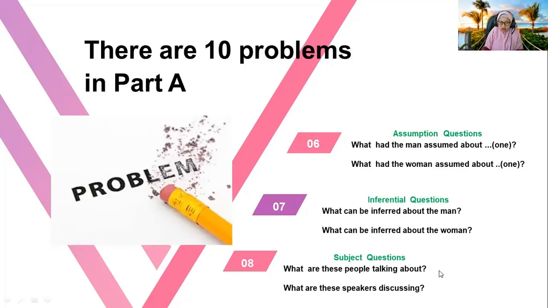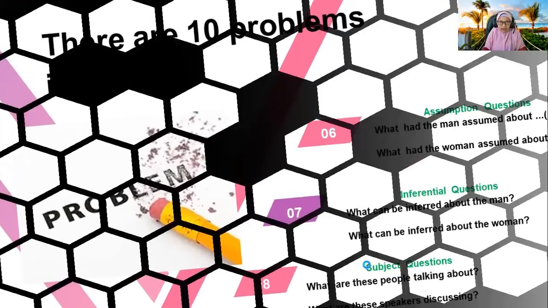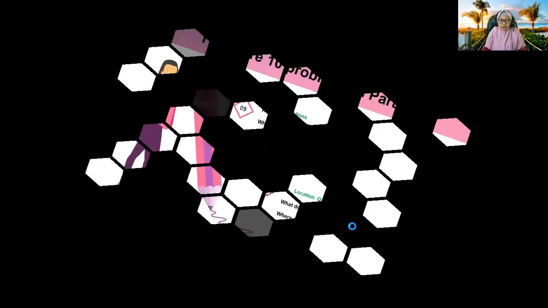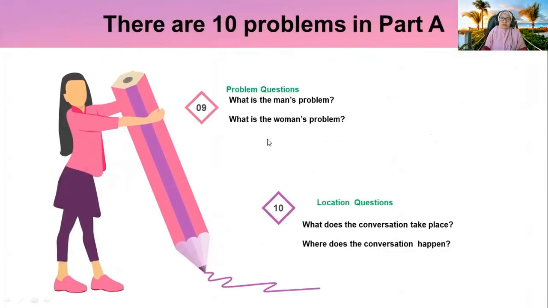So you have to catch the main idea of the conversation, and then the point of view of the conversation. That's a subject. And then the main problem. The main problem is about problems itself, the problems questions.